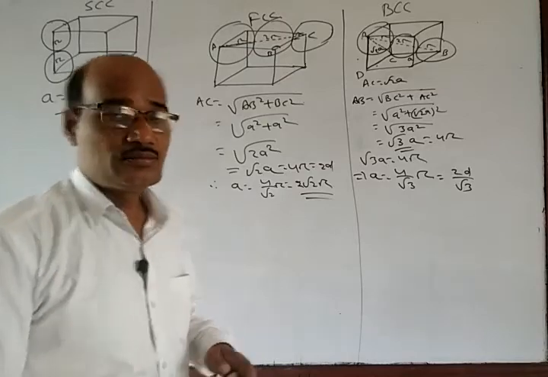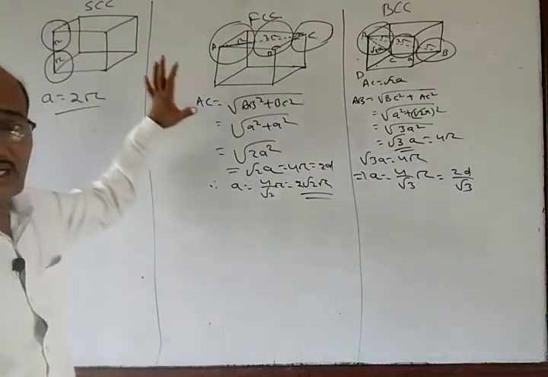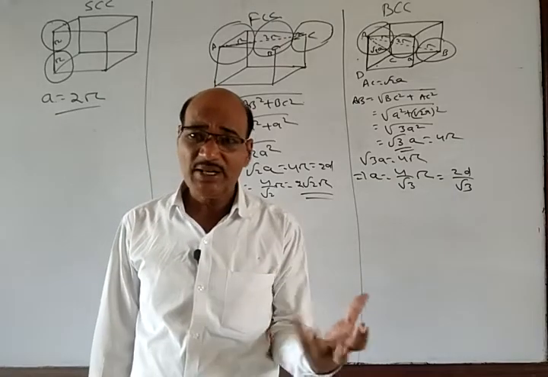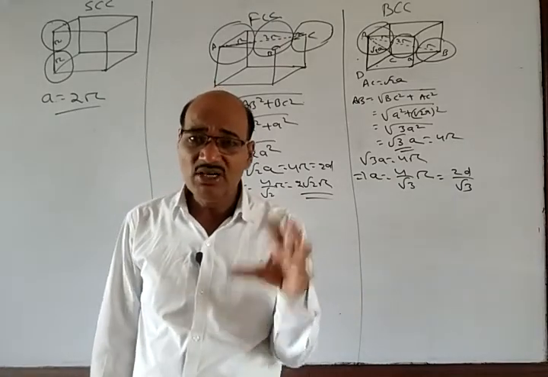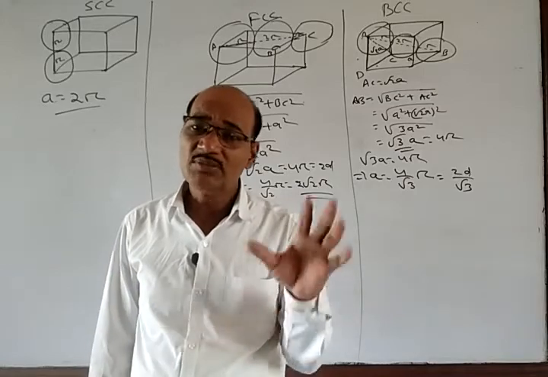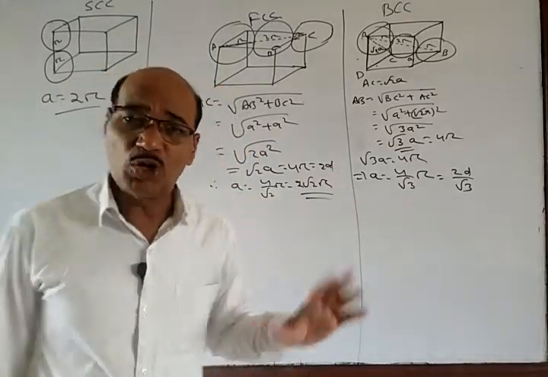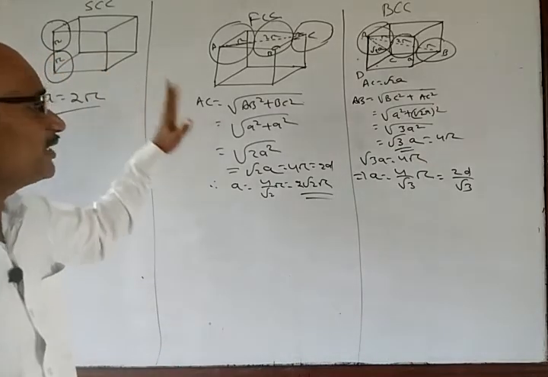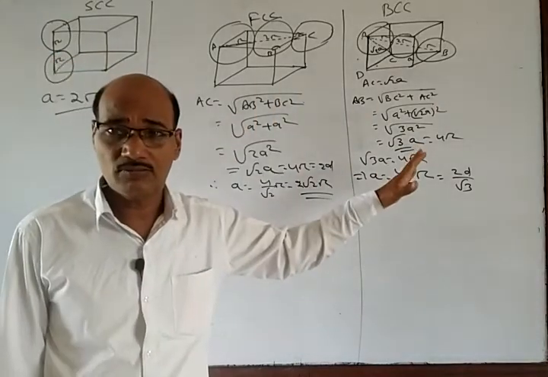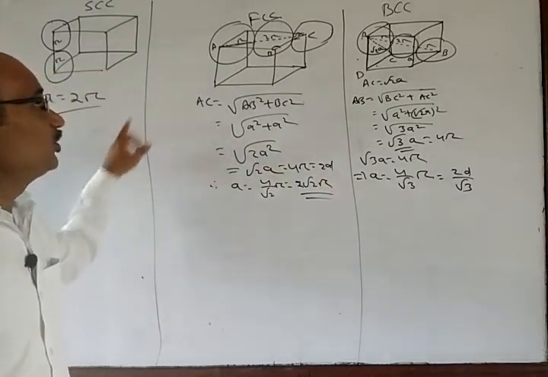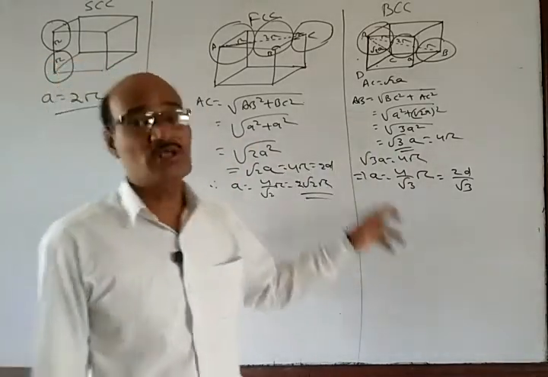Now in each unit cell we have the atoms, and the atoms are spherical here. So the volume of an atom is 4 by 3 pi r cubed, 4 by 3 pi r cubed, 4 by 3 pi r cubed. But here we have only one atom, here we have 4 atoms, here we have 2 atoms.